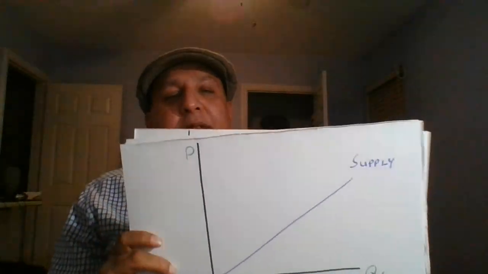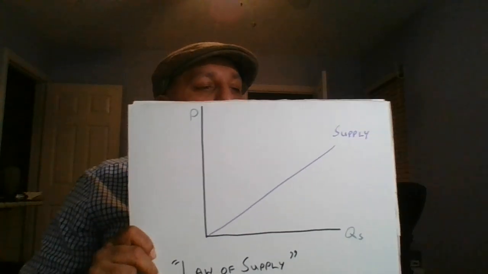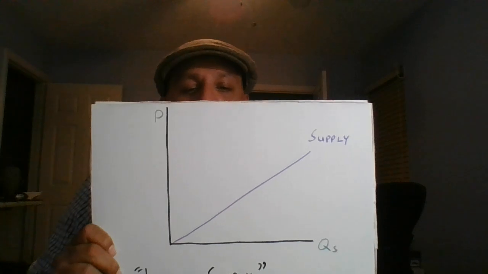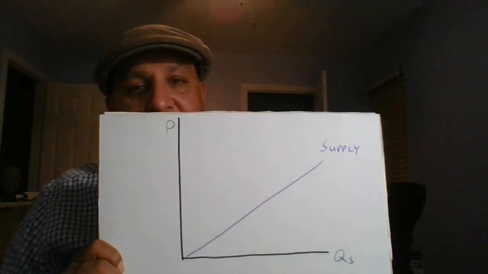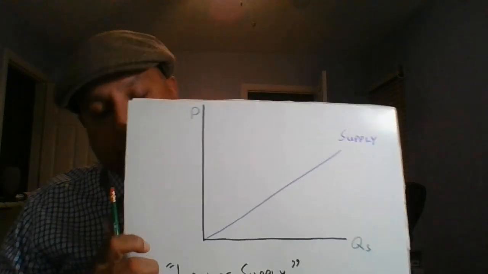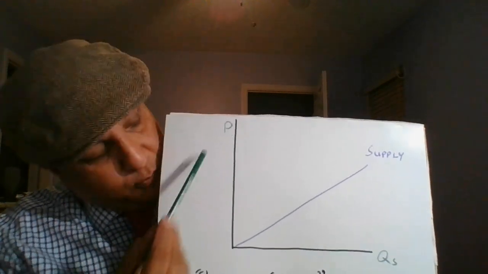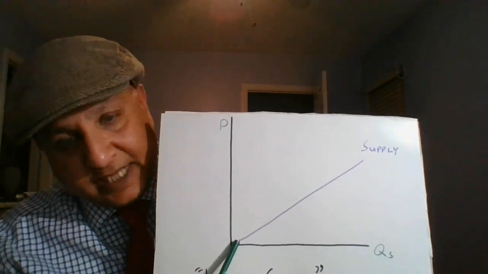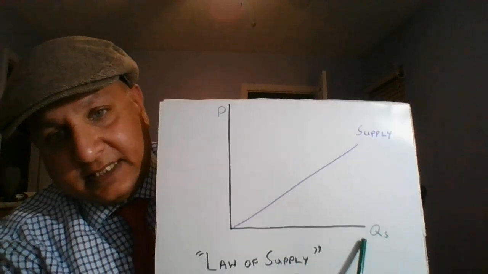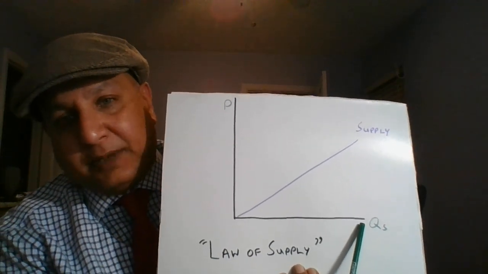Moving on to the law of supply. Graphically represented is a line that has a positive slope, which extends from the bottom left of the graph up towards the top right of the graph, with the vertical axis representing price, the horizontal axis representing the quantity supplied.